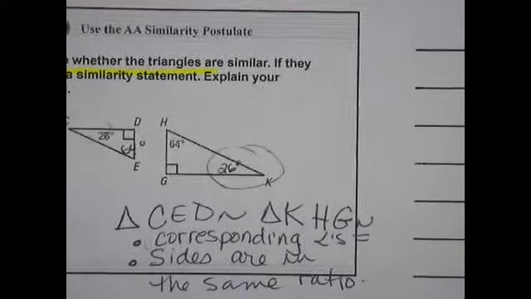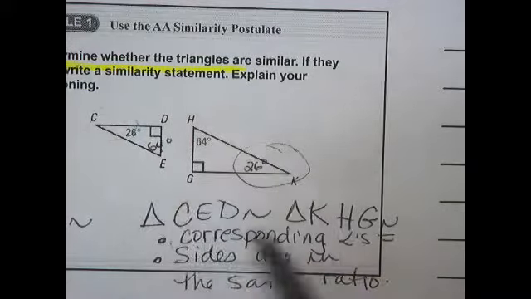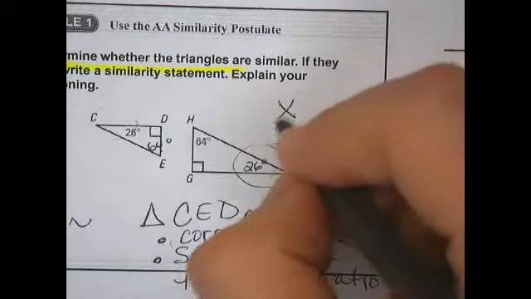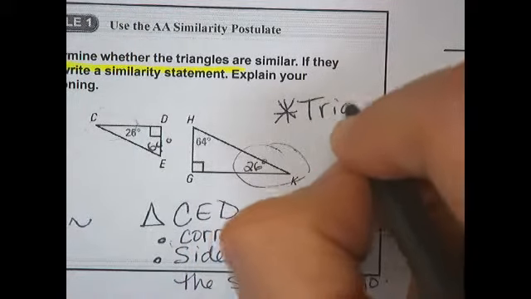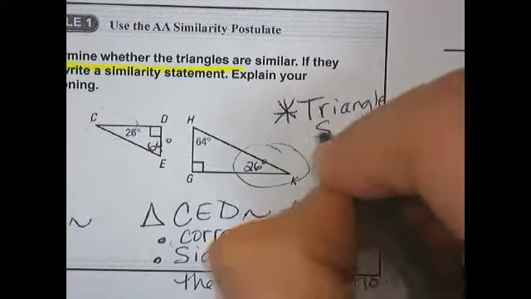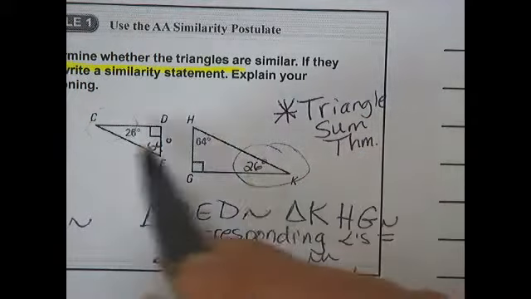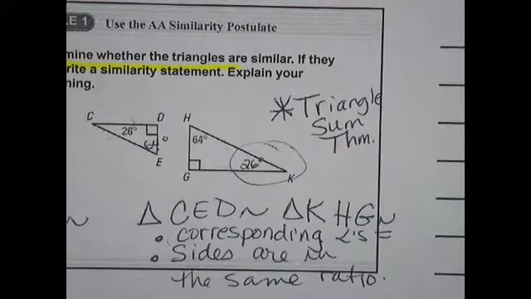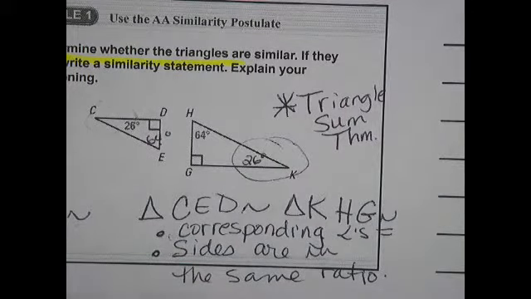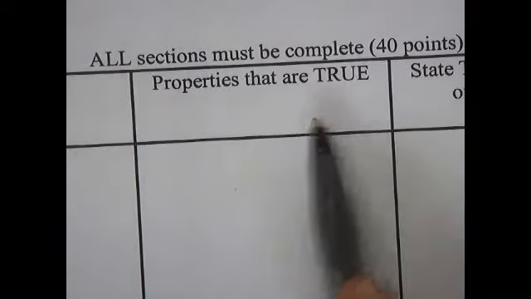The sides are in the same ratio. Notice that many times with the angle-angle similarity theorem, you will have to use the triangle sum theorem to figure out the missing third angle to see if they match up.